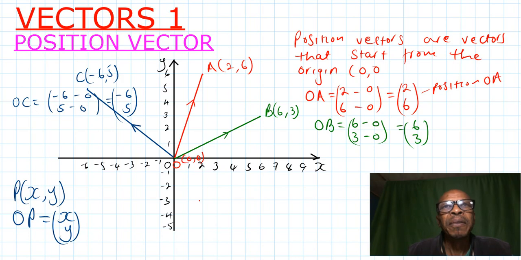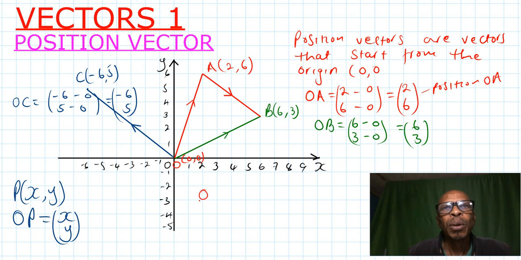If we join this and say this is a vector AB, now we have position vectors OA and OB. If you recall what we did in column vectors, if you want to get the column vector AB, the alternative route is you move against the vector OA and you move along OB.